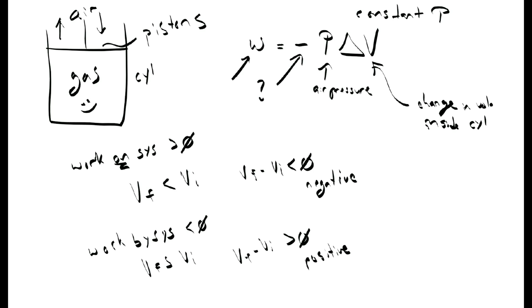But work is measured in joules. Does P delta V get you units of joules? Actually, it does. That is the neat thing. Well, I think it's kind of neat.